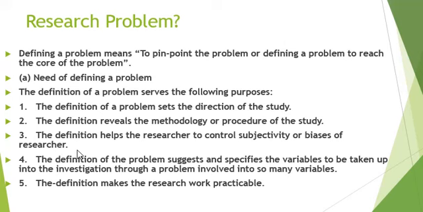The definition of the problem suggests and specifies the variables to be taken up into the investigation, through a problem involving so many variables. Now, the fourth thing that is very important: when you define a research problem, it can provide you the specific variables that are required for your investigation. You cannot make it a conglomeration of so many variables, but only the specific ones which are very important and necessary for that field and that research.